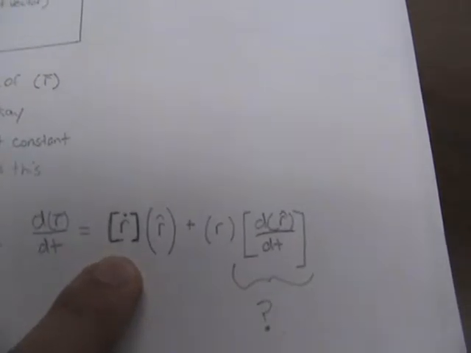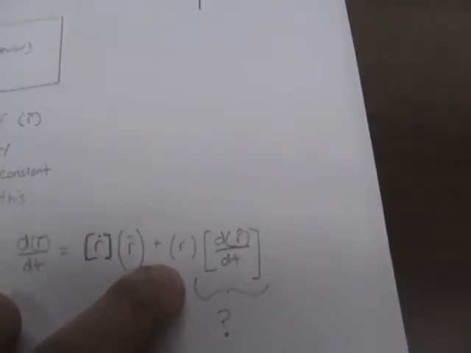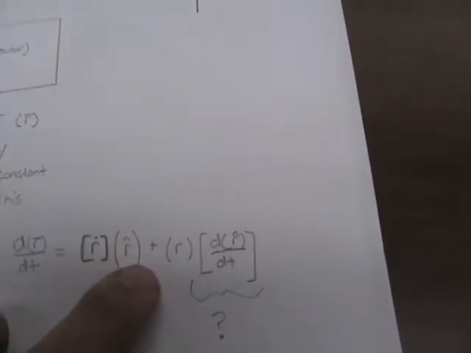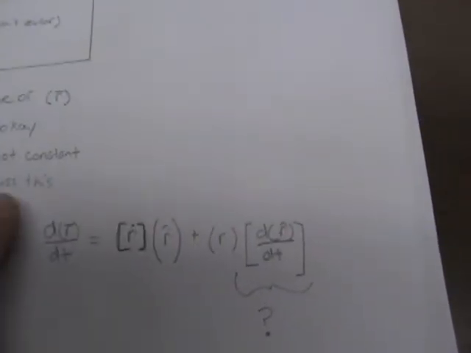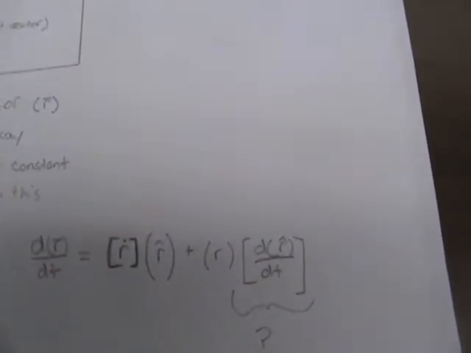So we got r dot, and then the r hat stays the same. By the way, these are not vectors. This is the magnitude r dot, the change in the magnitude.